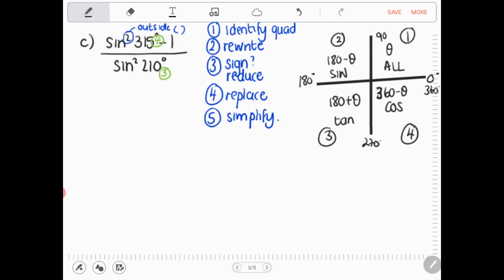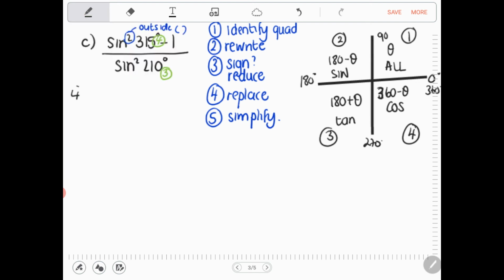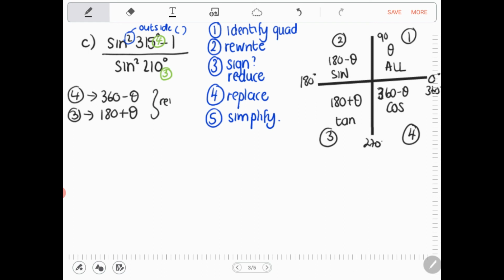Okay, so fourth quadrant says 360 minus theta. And third quadrant says 180 plus theta. So that's how I have to rewrite them. All right, so let's do the rewriting.